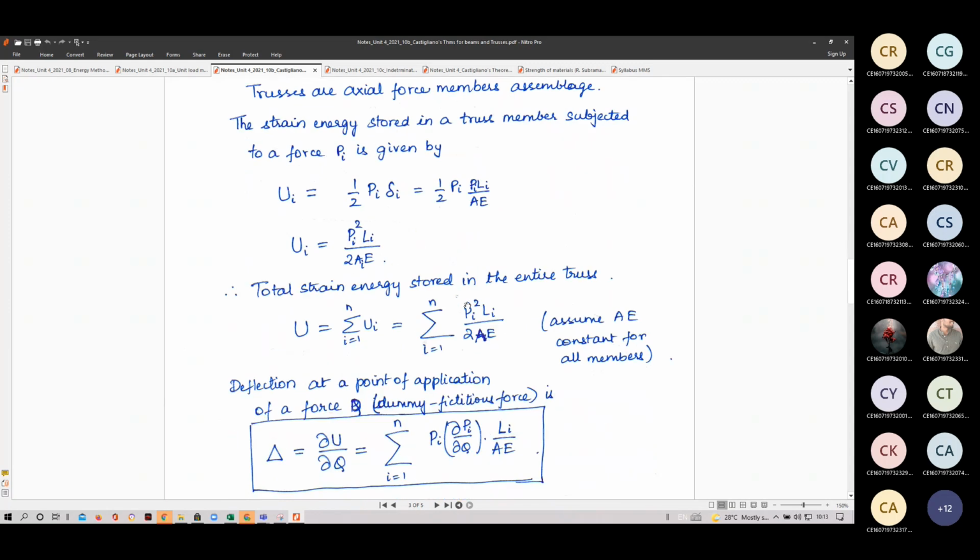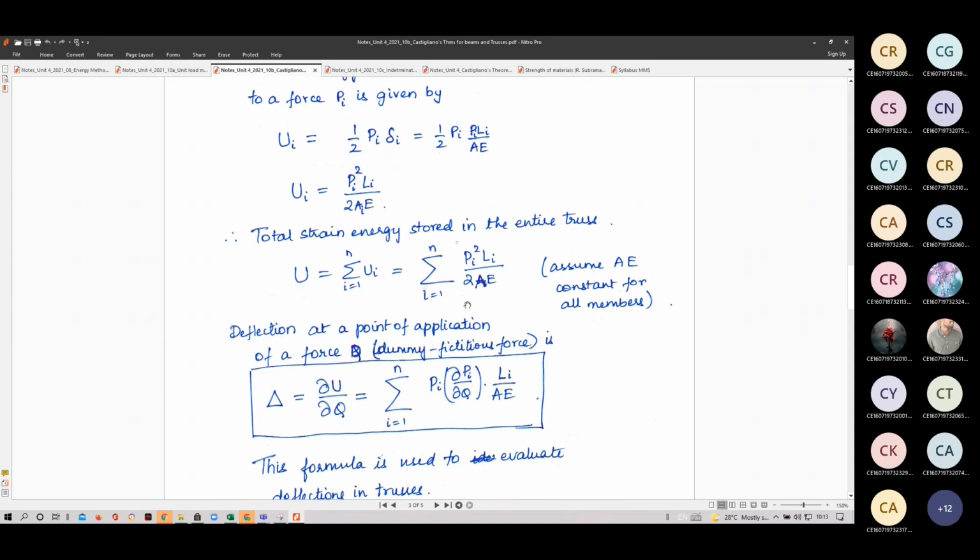Now by Castigliano's theorem, I want to find a deflection in a particular member or deflection at a joint. Then what do I do? For the deflection at the point of application of a force Q, wherever I want deflection, I can put a dummy fictitious force Q, and find out all the member forces.